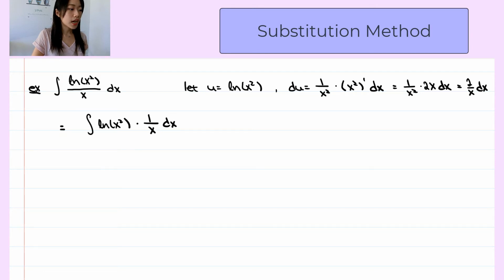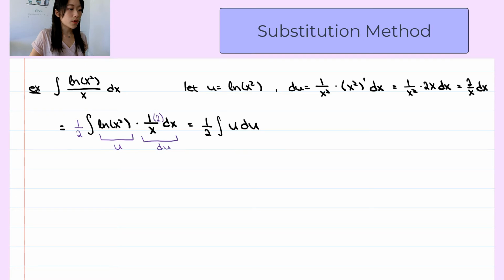So we want to multiply by 2 to complete the du, but also we need to divide by 2 so they can cancel each other out. So this integral equals 1 over 2 times the integral of u du, since this is our u and this is our du.